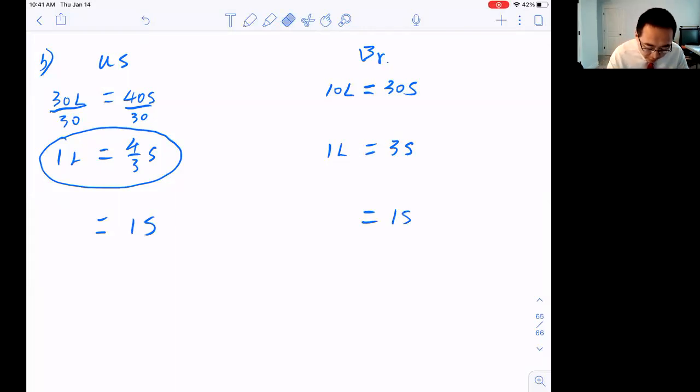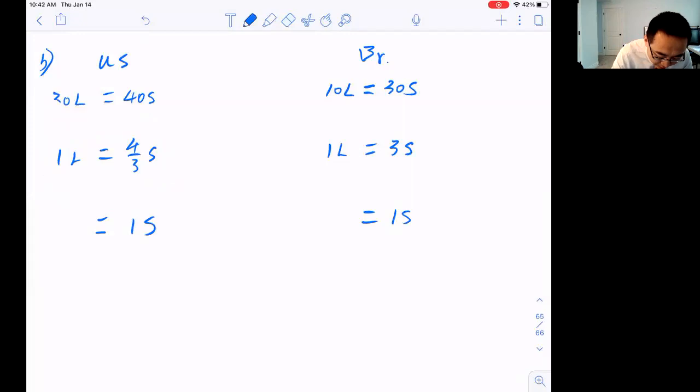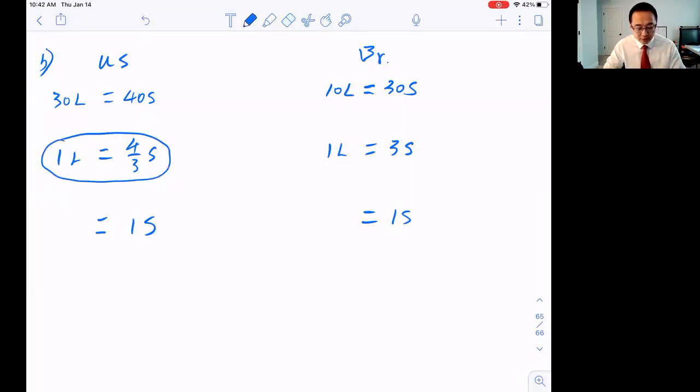If I want to figure out what 1S equals in both countries, in the US I need to divide 40S by 40 and then divide the other side by 40 to keep the equation standing. That gives me 3/4 of a large.